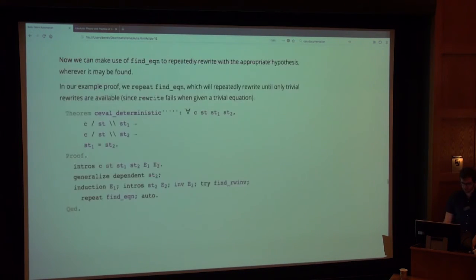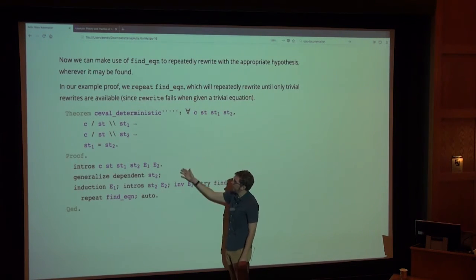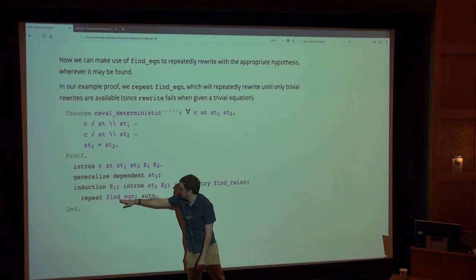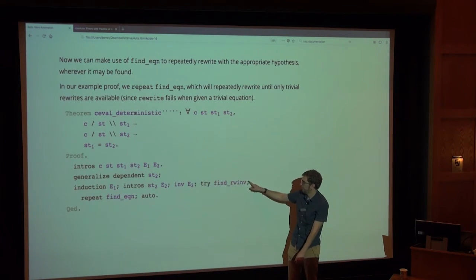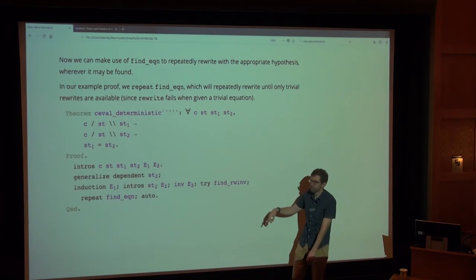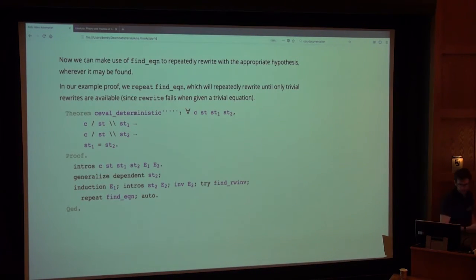Let me give you a concrete example of it in action. First of all, I'll note that now that we have this tactic in hand, we can just add this custom tactic we wrote to the end of our proof script with a semicolon, and it's just going to solve our original proof. People often call this a one-liner to imply that it's just a single line of proof script.